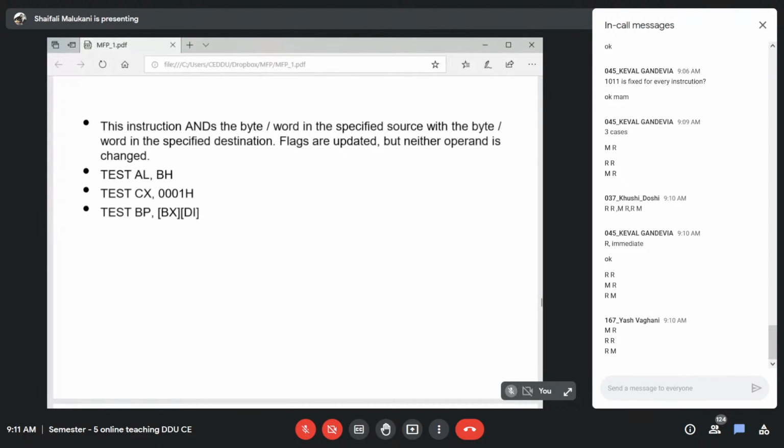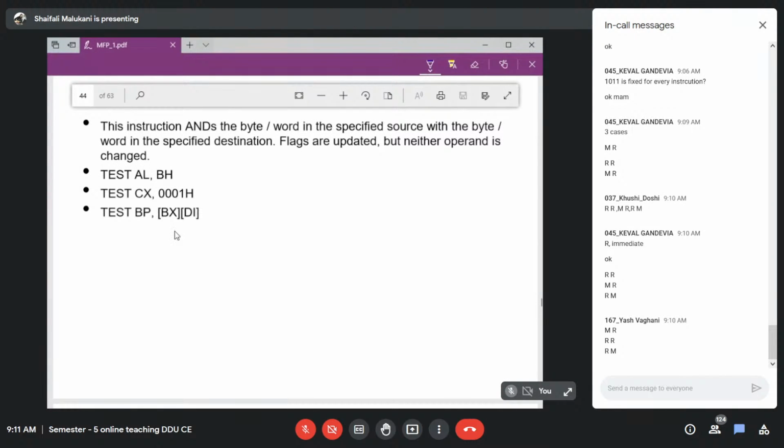In the options we have memory to register, register to register, right? So if I write from to, from register to register. This register can be any combination. From register to register.